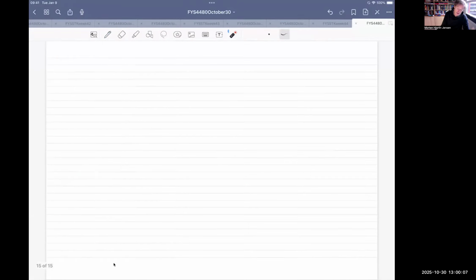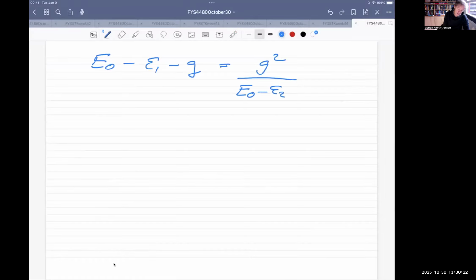So what we're going to get then when we plug in the expressions is that we have E0 minus epsilon 1 minus g, and this is going to be equal to g squared over E0 minus epsilon 2 minus g. Now I multiply away, and then I put g squared to the right-hand side.